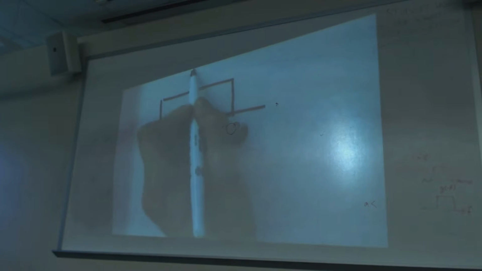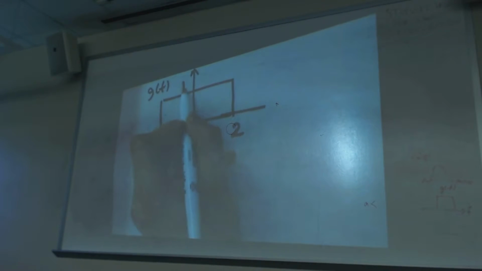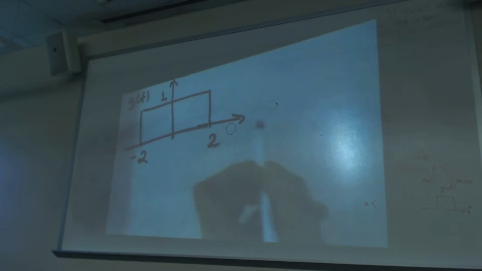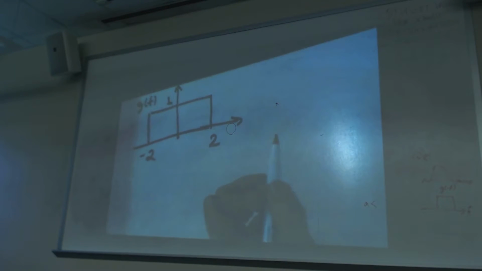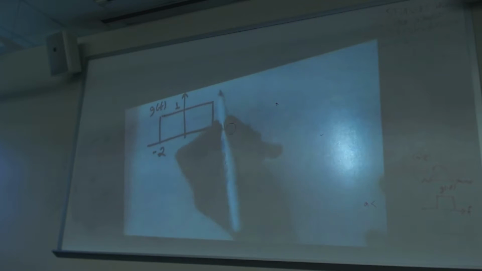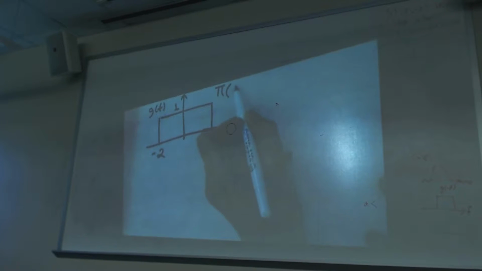Let's say I have a pulse, with the numbers here going from -2 to 2. This is the pulse, which can be written as rect of t over 4.